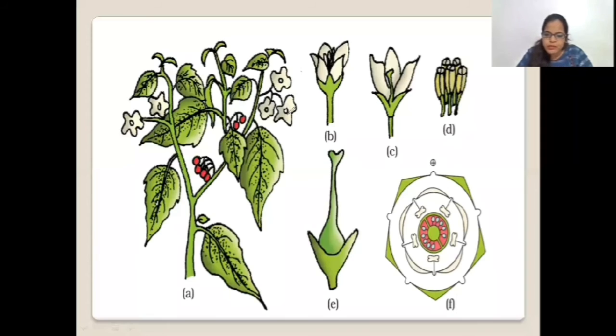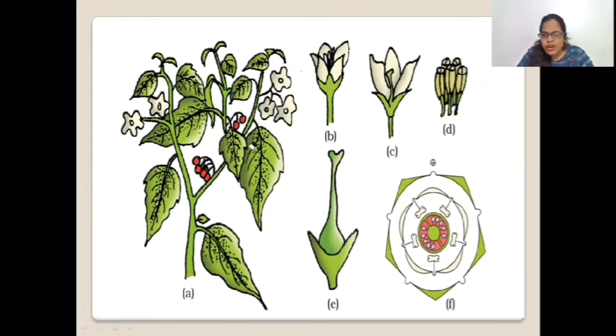The first one belongs to the Solanum nigrum plant, which is commonly known as makoi. You'll get the labelings in your NCERT. I just want to give you an idea. You won't have to struggle to learn them. They'll be very easily learned by you.